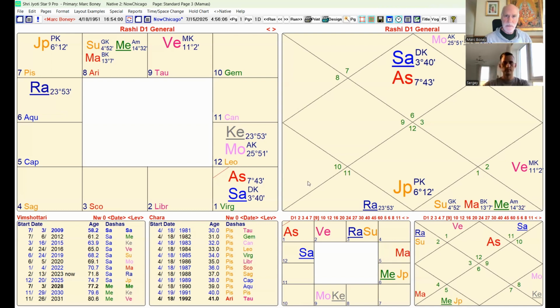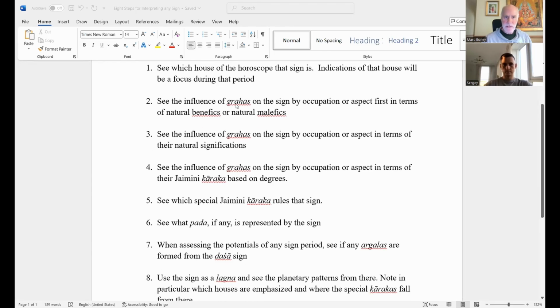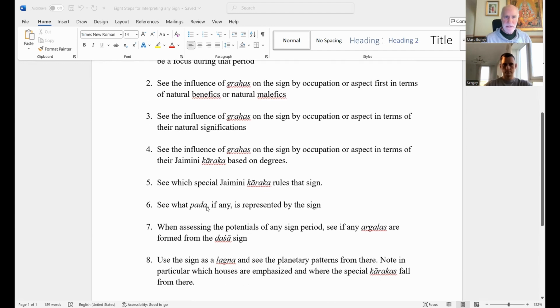Now, a very interesting additional way in which we, let me go back to the document. So actually, I've talked about steps 1 through 5, and now what I want to talk about is a very interesting step, which is step 6. In Jaimini, we use these things called padas. What is a pada? Sometimes also referred to as an aruda or a pada.